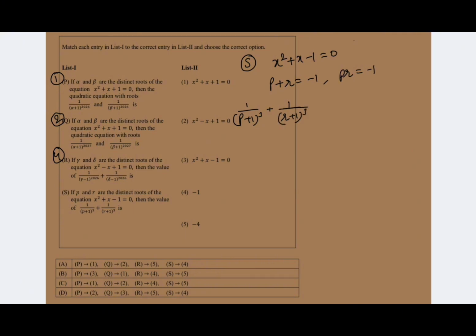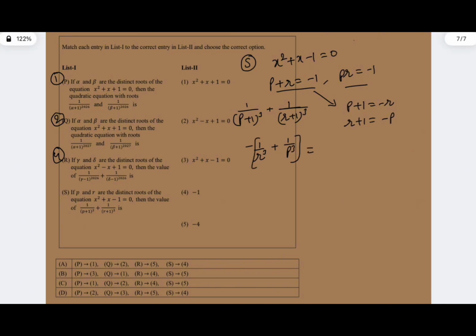And we can see that if we expand this (p plus 1) cube and (r plus 1) cube, or if we take LCM, this is going to be very complex to calculate. Can we reduce this expression to a manageable form using these expressions? Let's see. From this, we can see that p plus 1 is minus r and r plus 1 is minus p. And therefore, our required expression is reduced to minus 1 upon r cube plus 1 upon p cube.